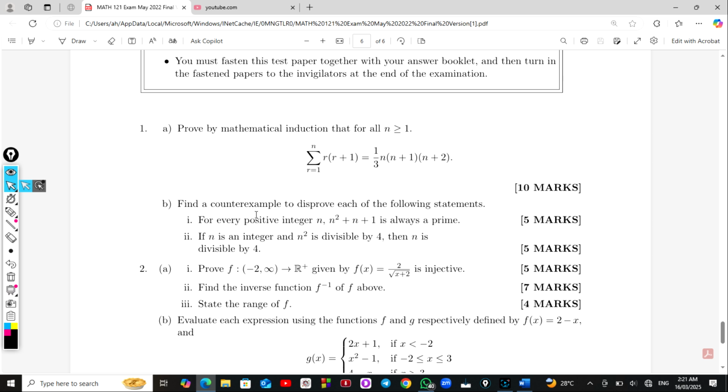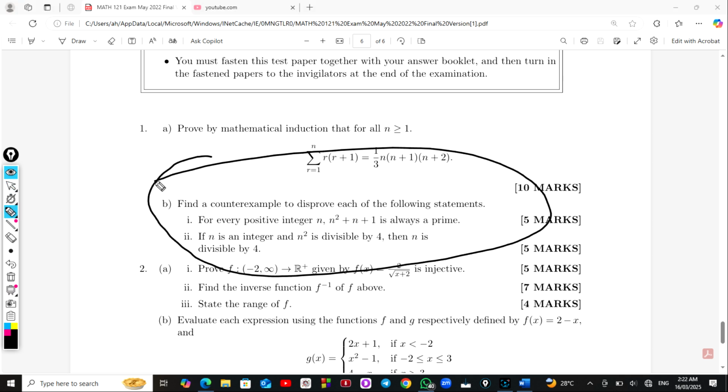So the B part of question 1 reads: find a counterexample to disprove each of the following statements. For every positive integer n, n squared plus n plus 1 is always a prime.